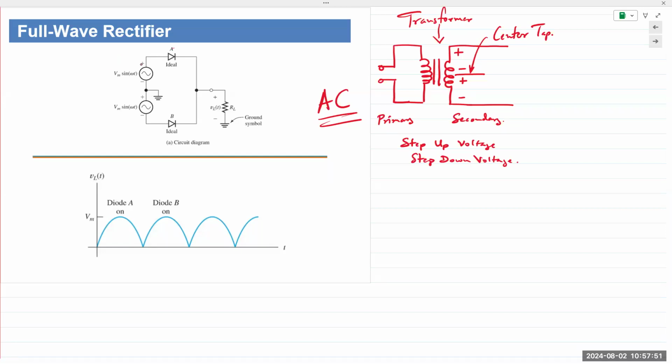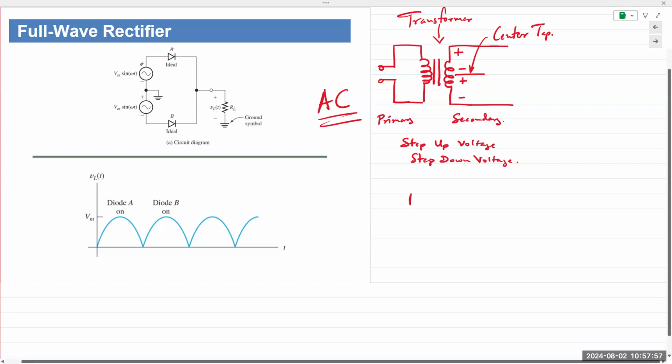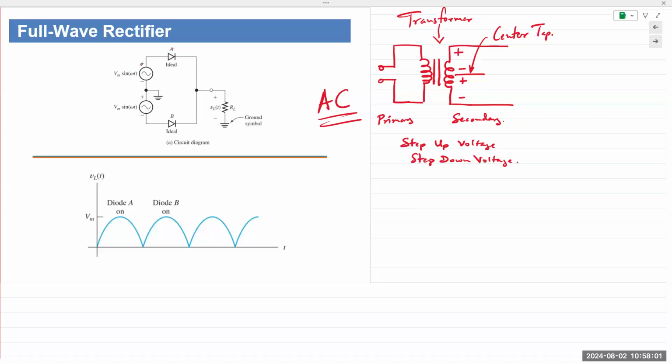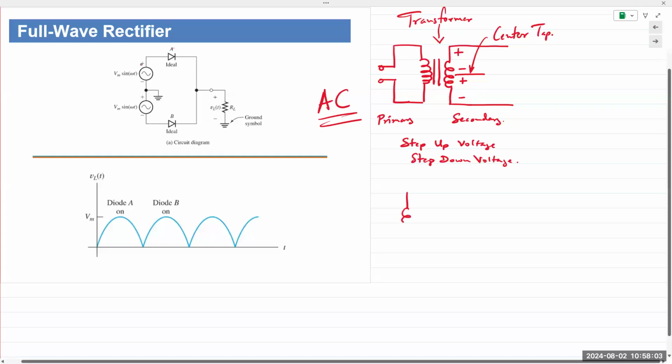And the way this would work is, it'll be easier to describe the operation like this. So I'm just going to draw the secondary coil. And you'd connect your resistor in between. So let me make this bigger.